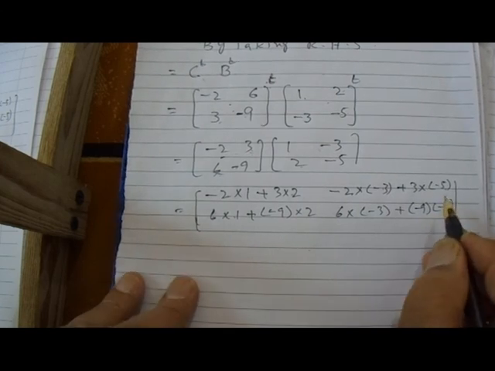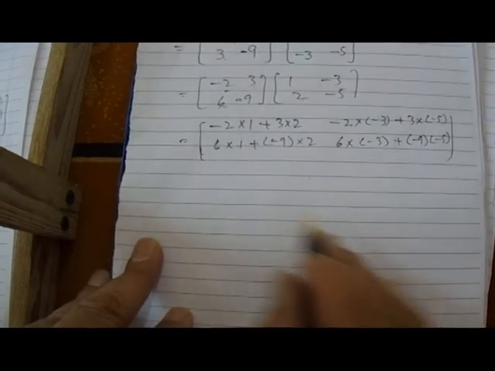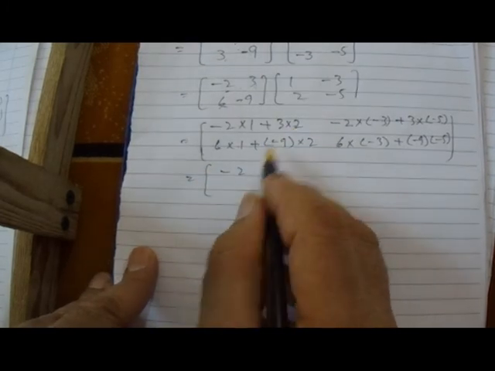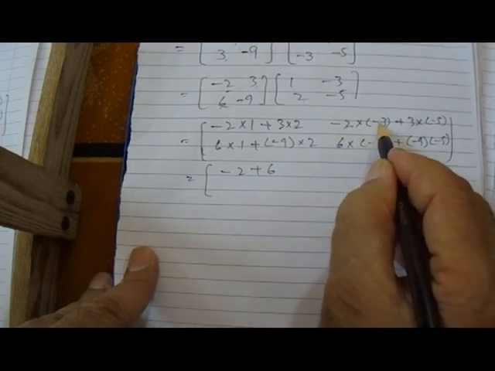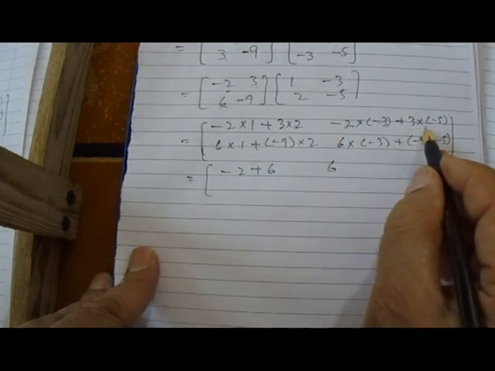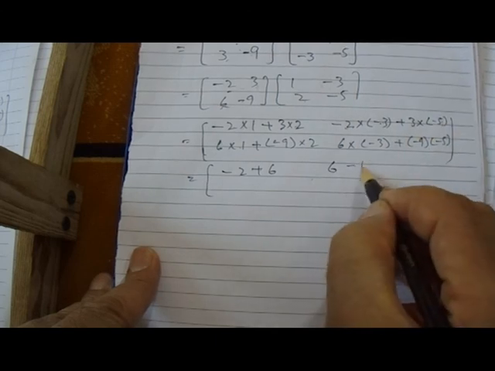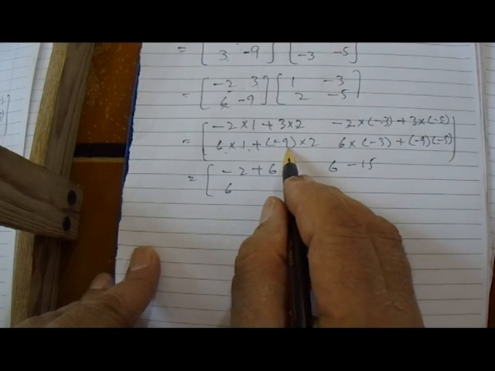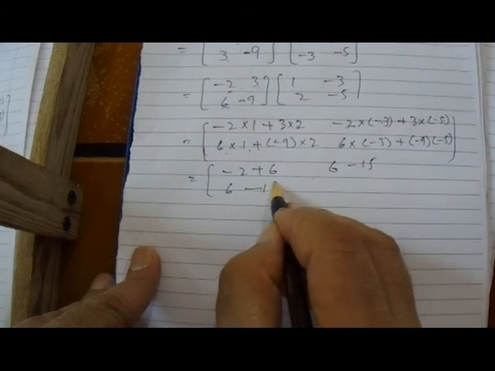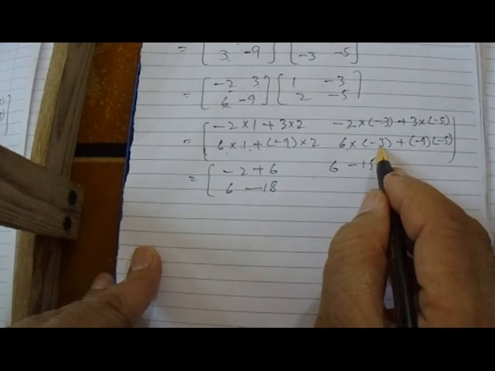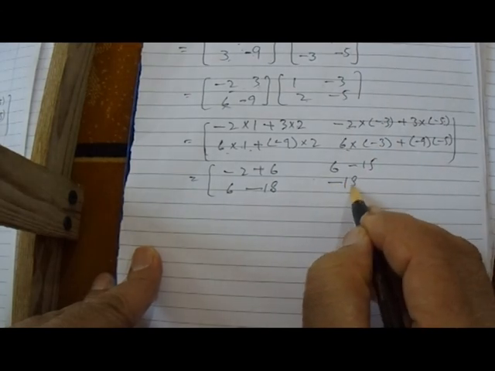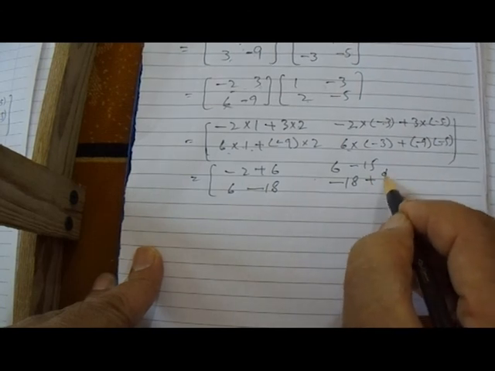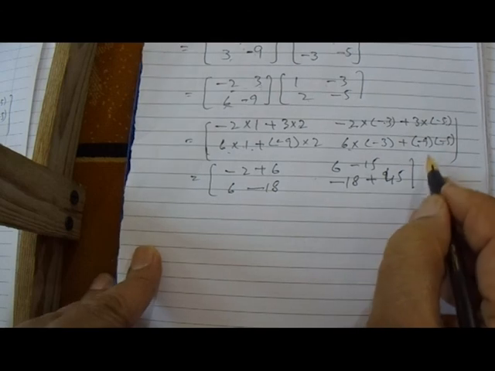Minus 2 plus 6 is 4, and 3 fives are 15, minus 15. 6 multiply 1 is 6 and minus 9 multiply 2 is minus 18. 6 multiply minus 3 is minus 18, and minus 9 multiply minus 5 is 45, 9 fives are 45.